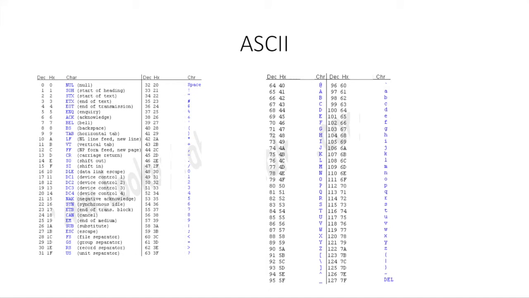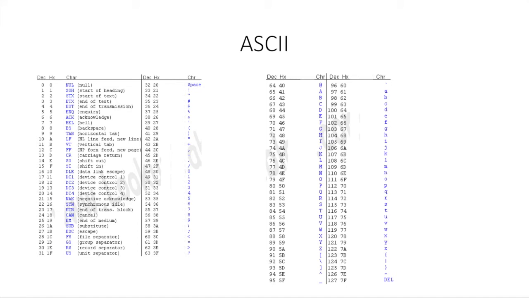And then, starting at about decimal 32, you start to get into characters that we as humans can actually understand, for example, the space character, the exclamation point, the number digits. And you'll notice a very important thing. The number digits don't correspond to the binary number representation.